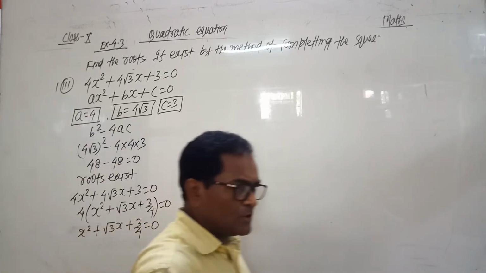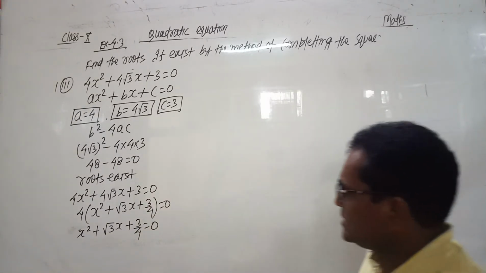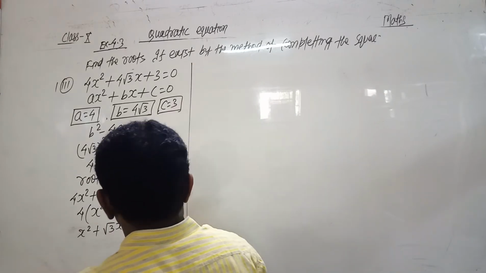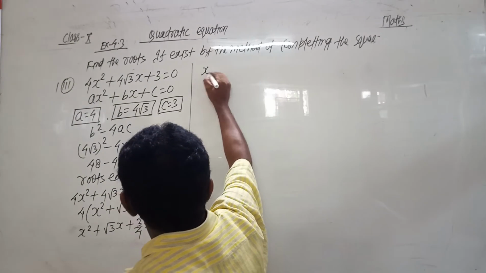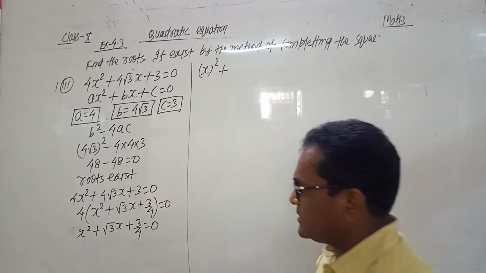All the terms are positive. So a plus b the whole square formula will be used. So make it square form, x the whole square. Then we have to use the formula 2ab.